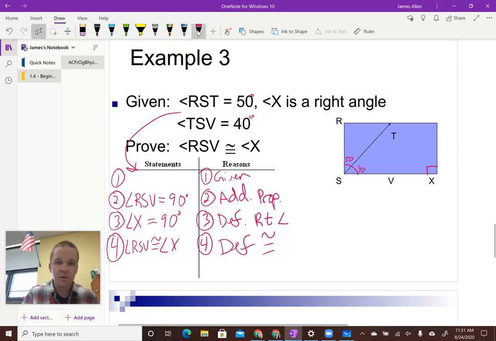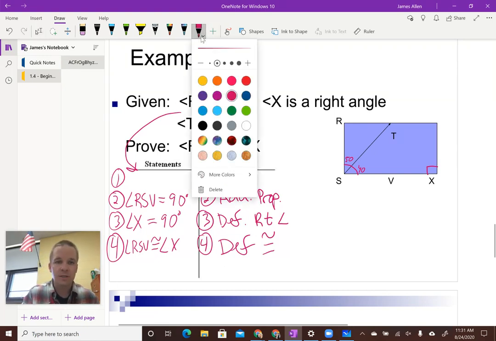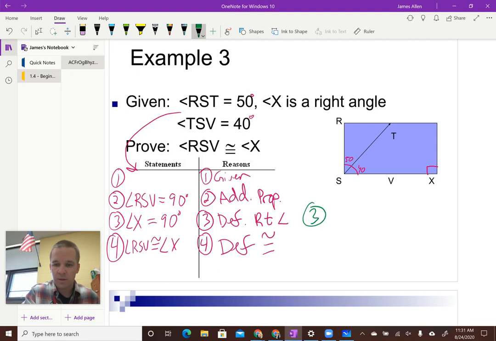There is an alternative way of going about this, and I'm going to do this in a different color off to the side. In step 3, I could have gone in the route of saying that angle RSV is a right angle, and my reason would be definition of a right angle still.